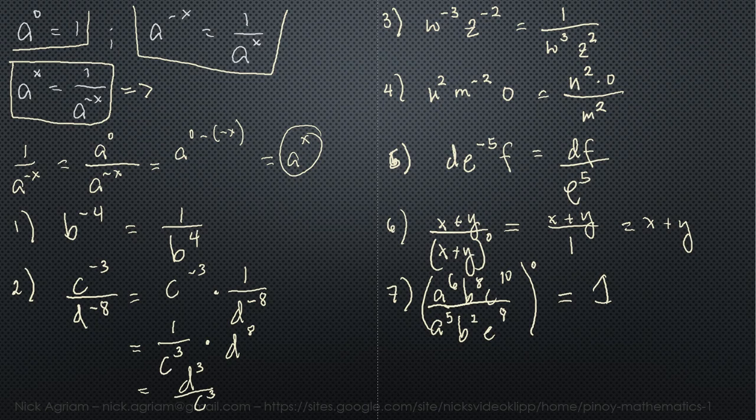Number 8 is 14, because t raised to 0 is 1, so 14 times 1 is 14. Number 9 is equal to 1 because L raised to 0 is 1 and P raised to 0 is 1. And number 10 is 1 because (a minus b plus c) raised to 0 is equal to 1.